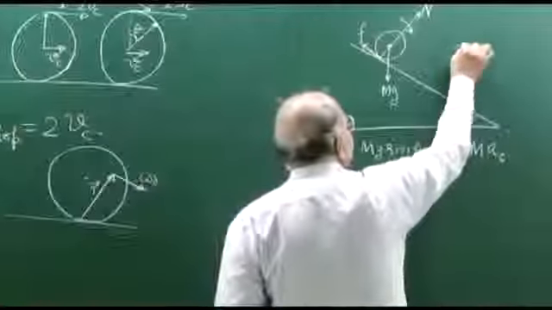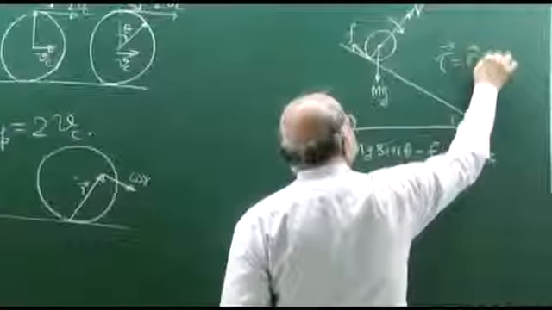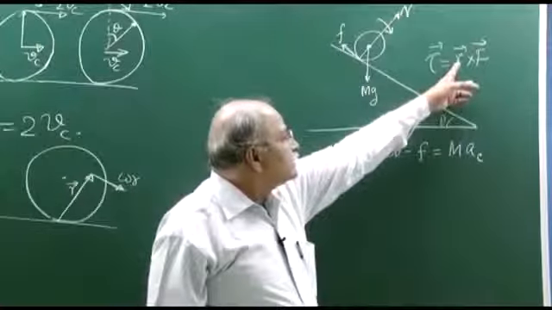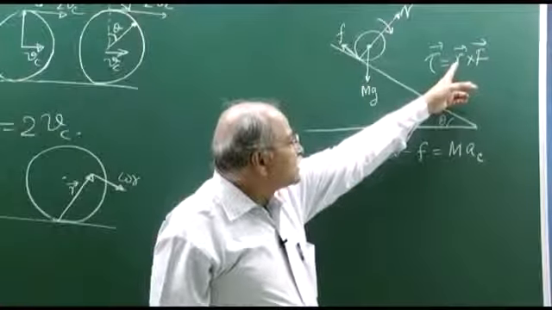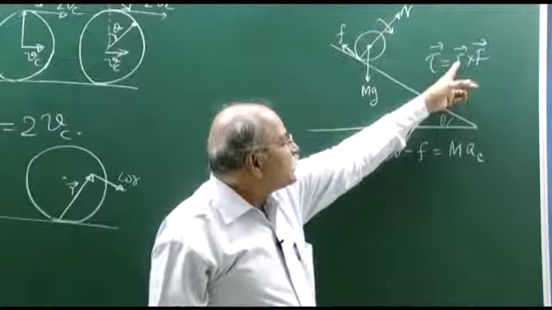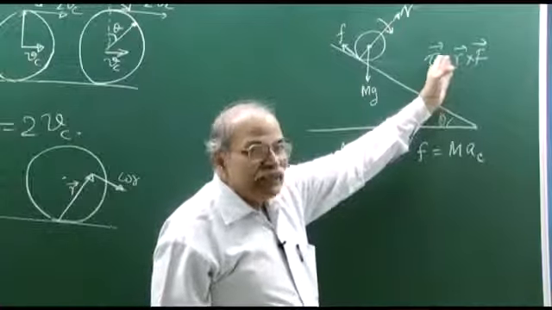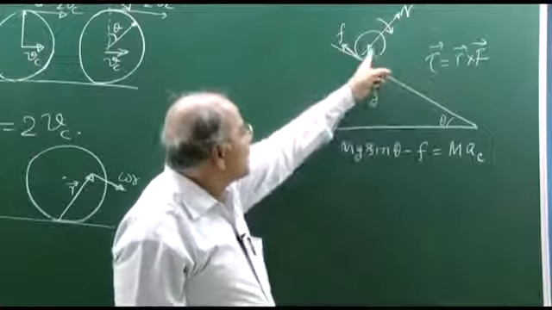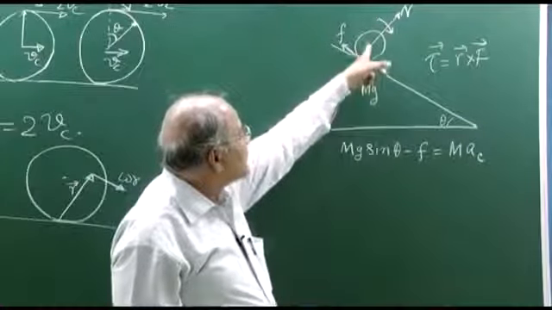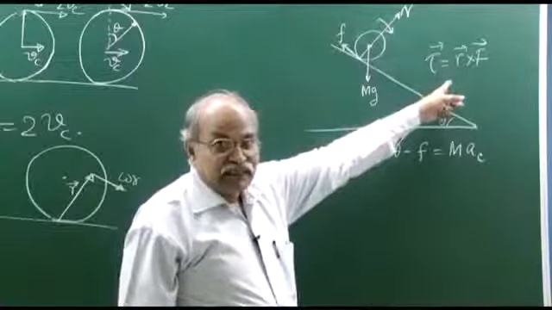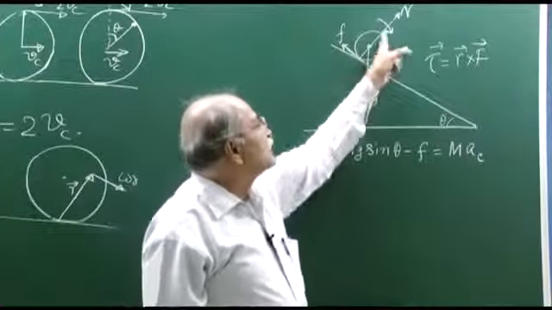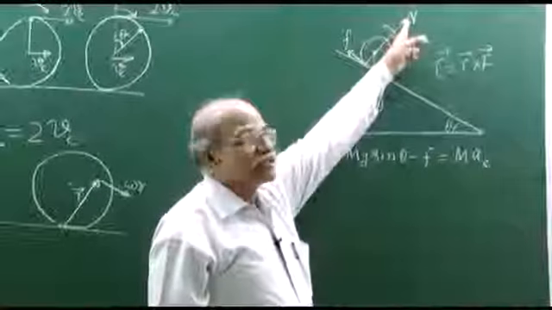The torque is defined as r cross f, and this r is the position vector of the point where the force is applied with respect to the point about which the torque is being taken. I am taking the torque about this center, and the force is applied at the center. Therefore, this r is 0 and the torque is 0, and the same is true for this N. So, this torque is also 0.